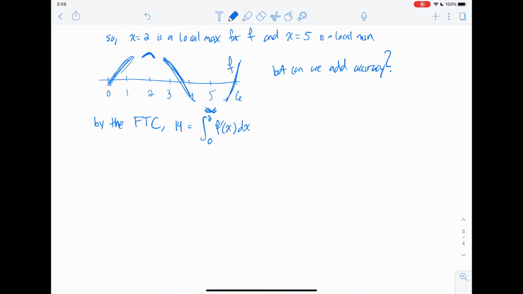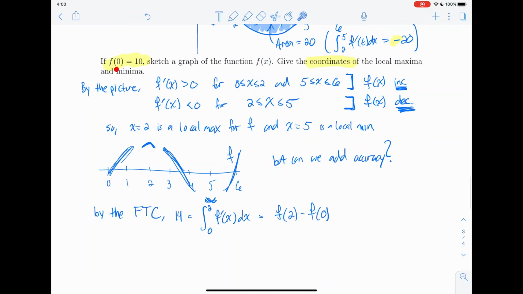But the fundamental theorem of calculus tells me that this integral is going to be equal to its antiderivative, which is going to be just f, evaluated at 2, the upper limit of integration, minus its evaluation at the lower limit of integration, 0. But fortunately, we were given an initial condition that f of 0 is equal to 10, so this is now equal to f of 2 minus 10.